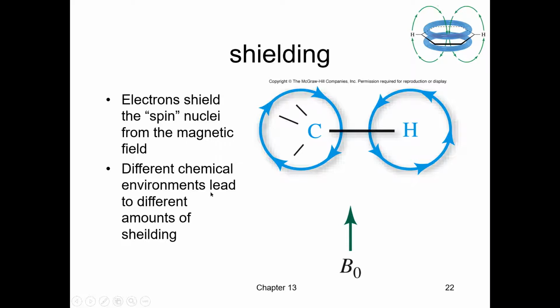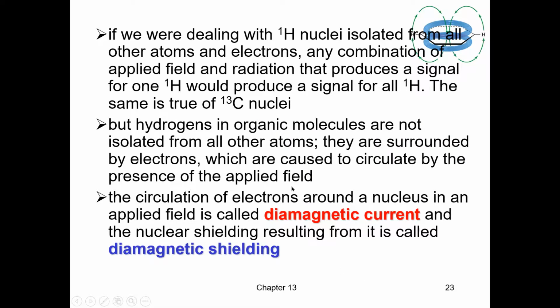Hence, different types of chemical environments lead to different amounts of shielding. Therefore, circulation of electrons around the nucleus in an applied magnetic field is called a diamagnetic current, and the nuclear shielding resulting from this is called diamagnetic shielding.